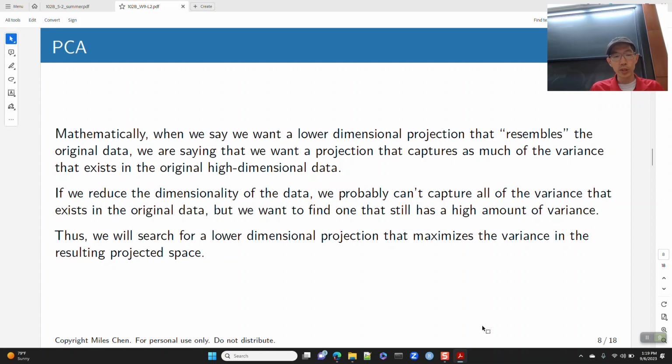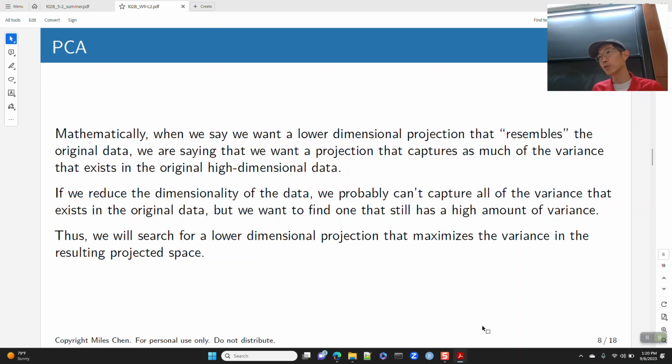All right? So we want to reduce the dimensionality of the data, but if we do that, we won't be able to capture all of the variance in the original data. That's just by nature. If you throw away one column of your data, you're losing information, right?